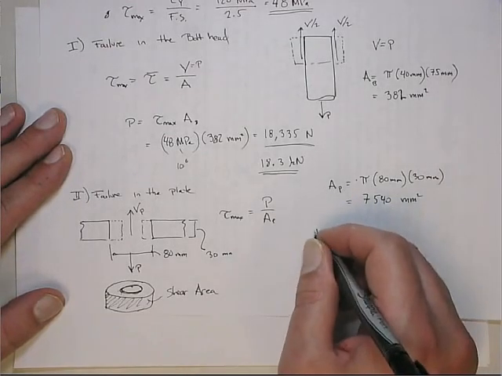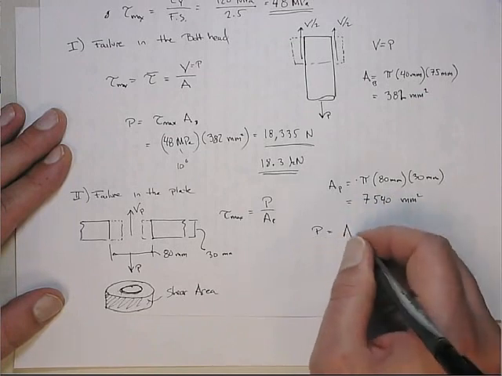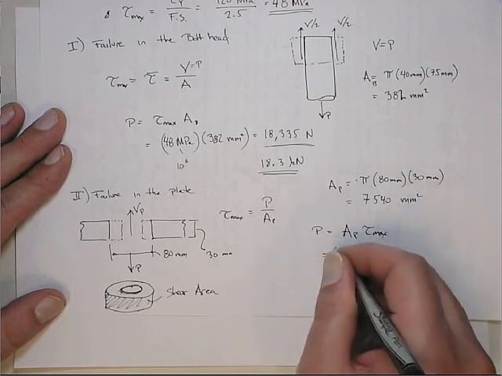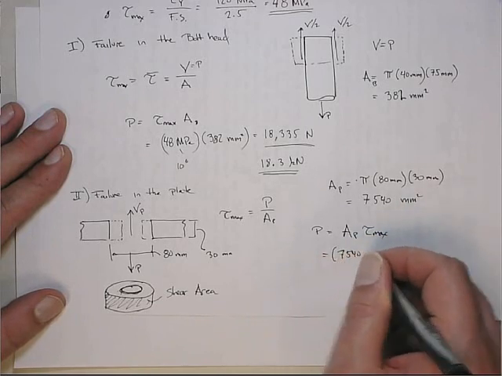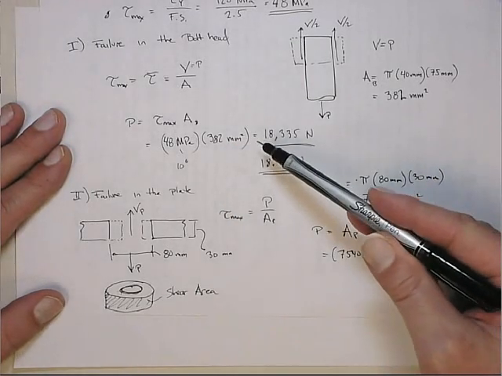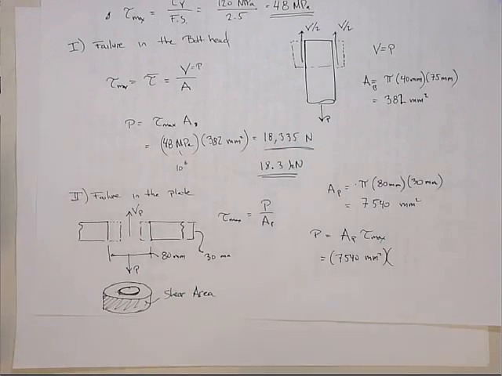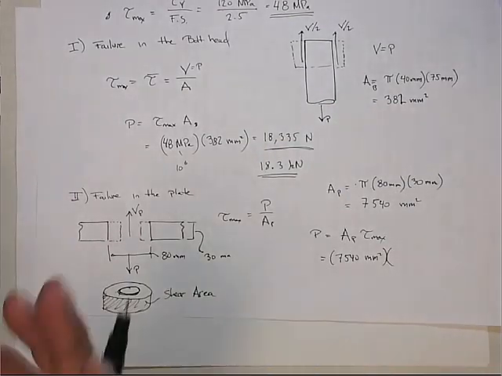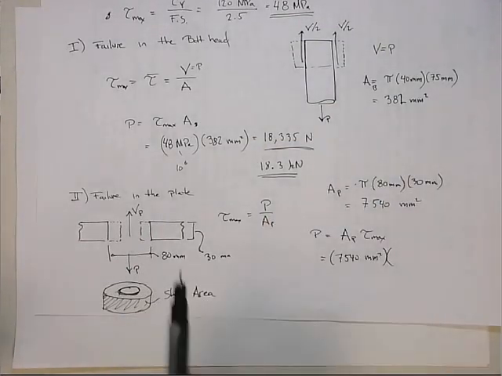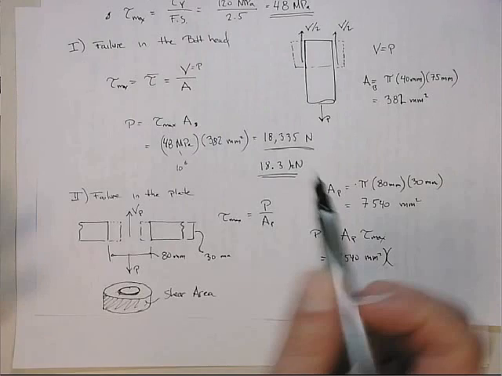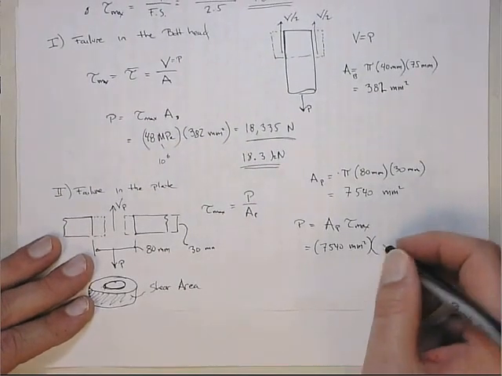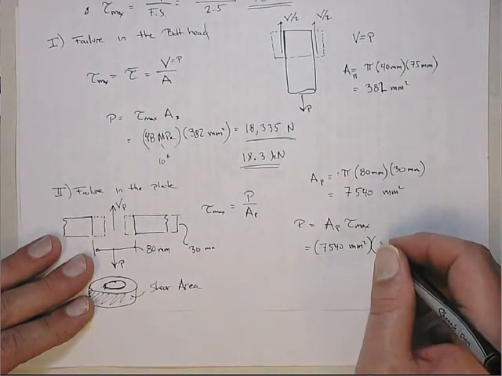So P max is going to be the shear area times the maximal allowable stress. The maximum shear is the same as before because it says it's made out of the same material. Often it's not. The plate might be aluminum, the bolt might be steel, and you could use the same factor of safety, but this number would be different because you would have a different yield.